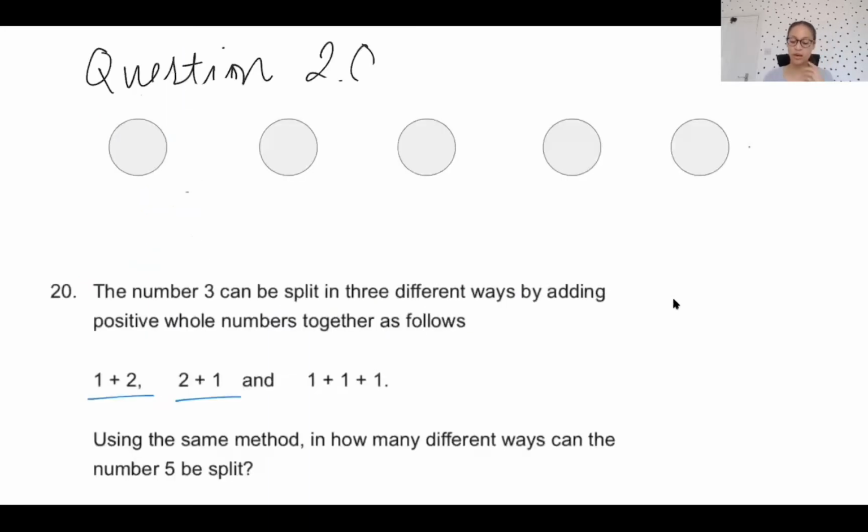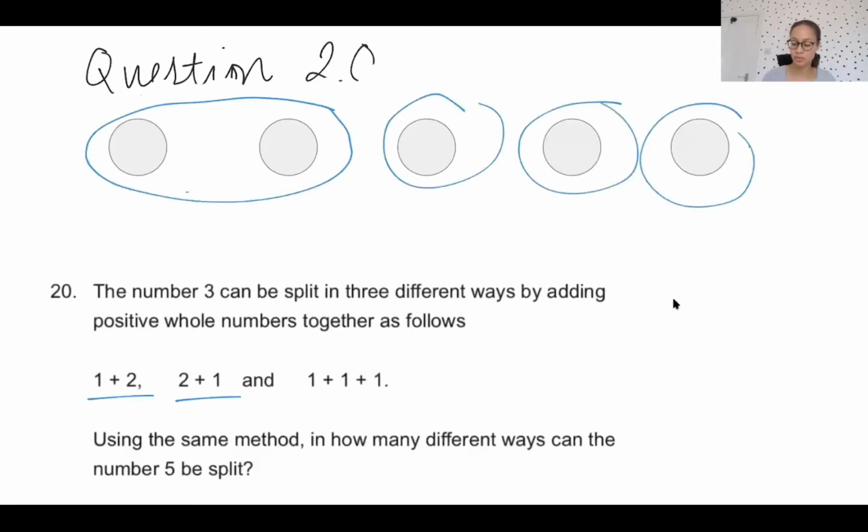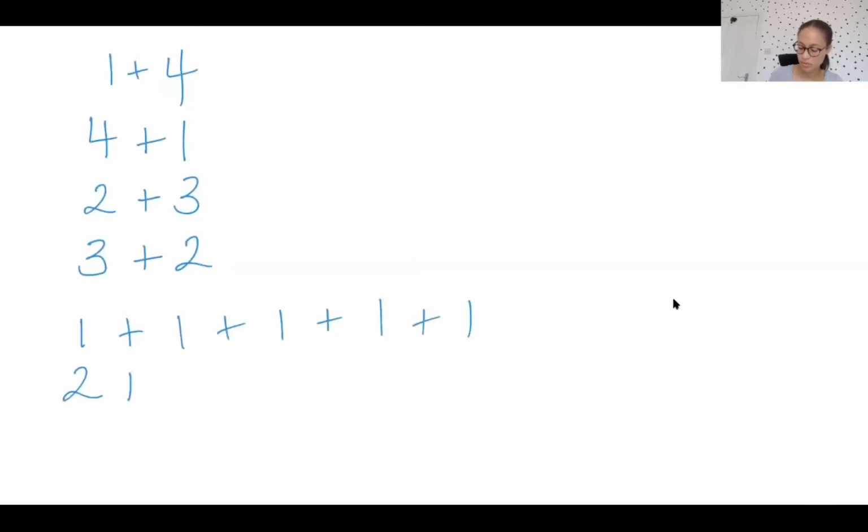Now what if we have 2 plus 1 plus 1 plus 1? Now that can be reversed. 1 plus 1 plus 1 plus 2.